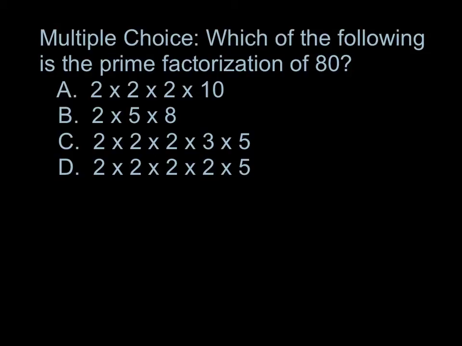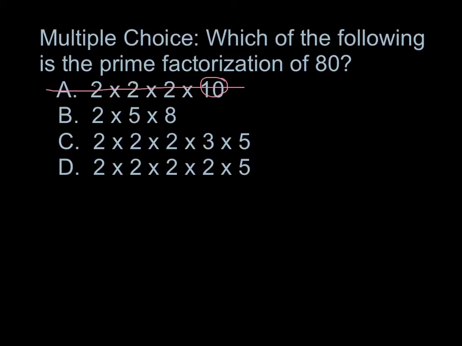So let's look at A. If we look at A, 2 is prime, 2 is prime, 2 is prime, but then look at the number 10. 10 is not a prime number because 5 times 2 is 10. So A cannot be the prime factorization because it has a number in it that's not prime.